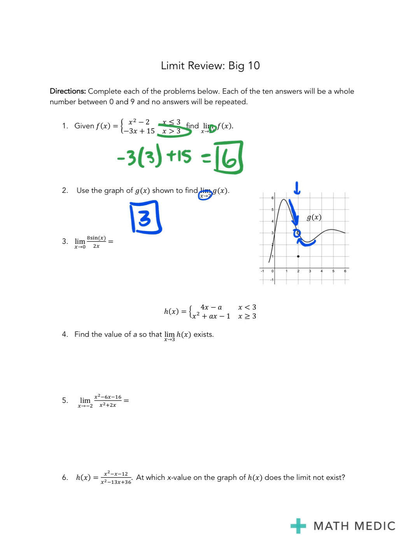For the next one, the graphical method is totally fine here, but what I will say is that you can rewrite this as 8 over 2 times the limit as x approaches 0 of sine of x over x.